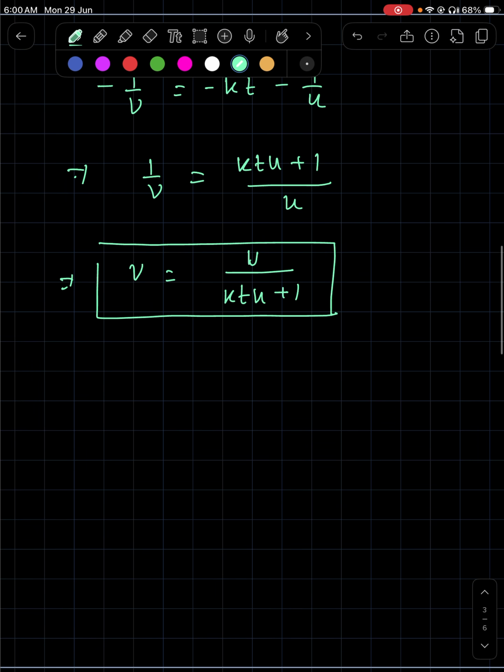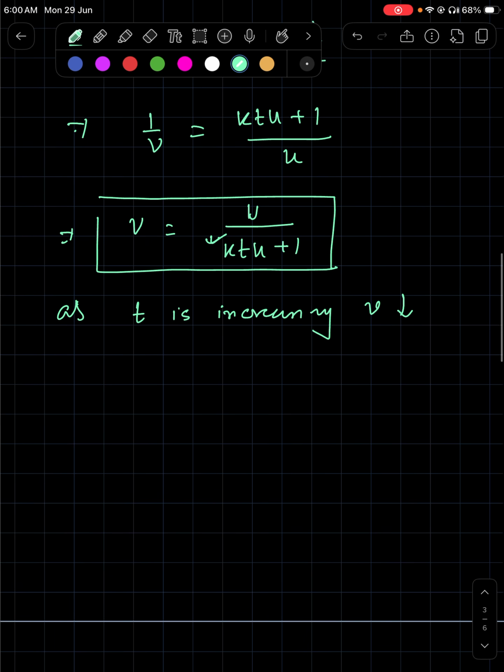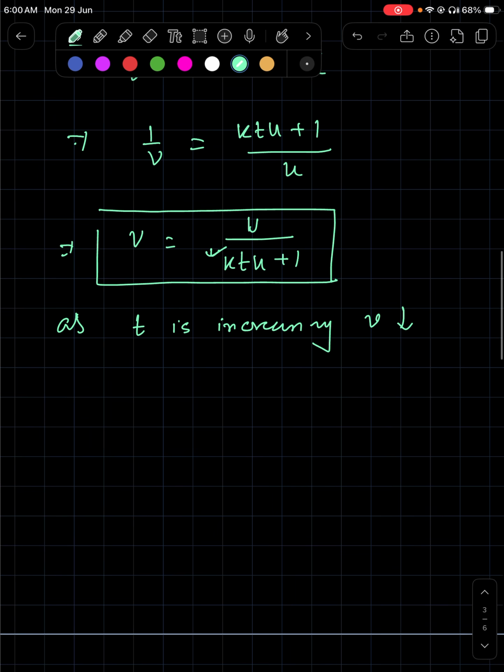It is easily visible that since k is a positive constant, as the time is increasing, the velocity v is decreasing with time.